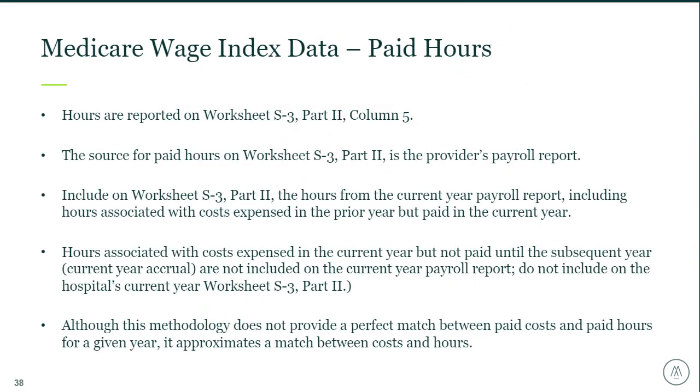Medicare wage index paid hours. The source for paid hours is the respective payroll report. These hours only include hours expensed within the current fiscal year cost reporting period and not accrued hours. The payroll data will include actual hours worked and non-productive hours, and these hours will be reported on S3 Column 2 as well.